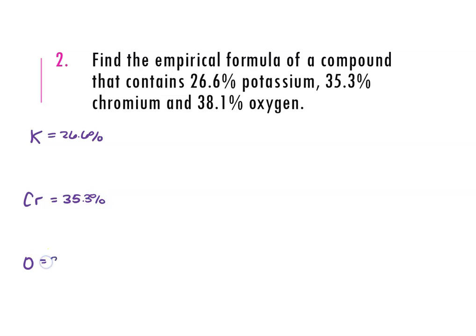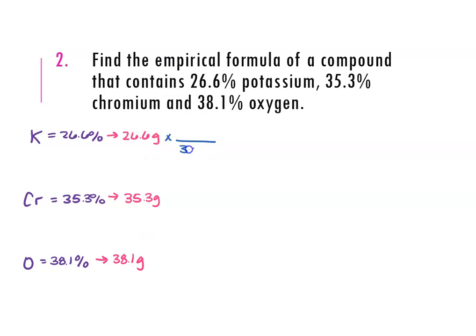And the oxygen, I have 38.1%. My first step is going to be to turn percent to mass. When you're doing these, you can skip this step and just go straight to mass. So you can start with 26.6 grams of K, 35.3 grams of Cr, and 38.1 grams of oxygen. That's totally fine.